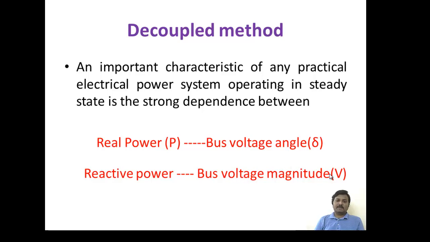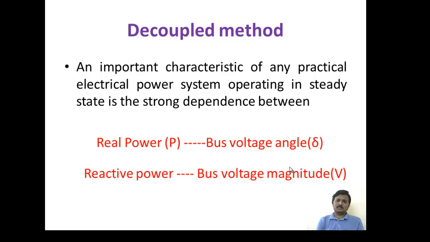When we observe a practical electrical power system, there is a strong relation between these variables. The strongest relations are between real power and the load angle, and between reactive power and the bus voltage magnitude. Based on these strong relations, the decoupled method gives some simplification on the NR method.